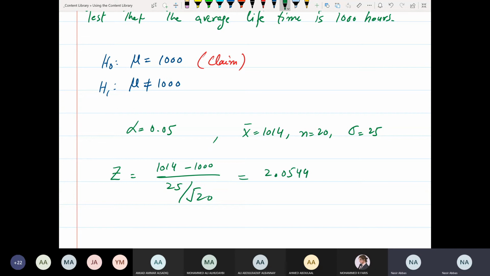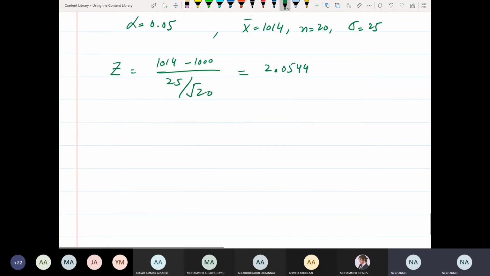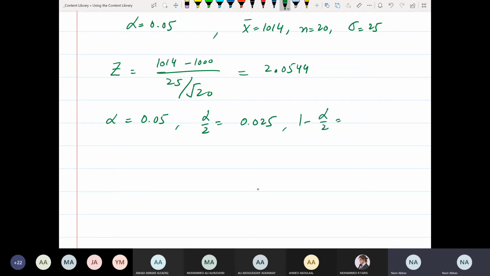Now the difference will come. You have a two-sided H1. So for the two-sided H1, you will get the critical value like this: you will write alpha, that is 0.05. Alpha by 2 will be 0.025. 1 minus alpha by 2 will be 0.975. Look for this 0.975 in the Z table now, not 0.95. The corresponding value is Z alpha by 2.